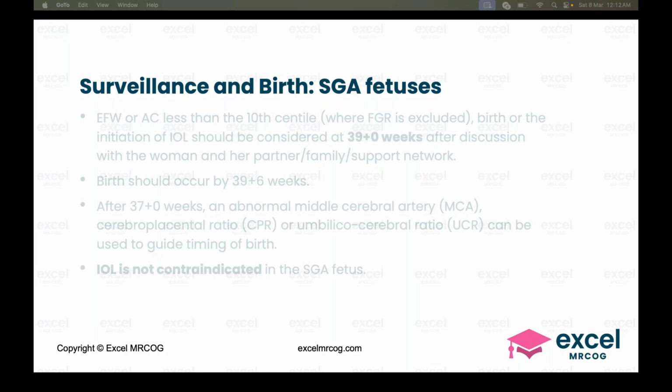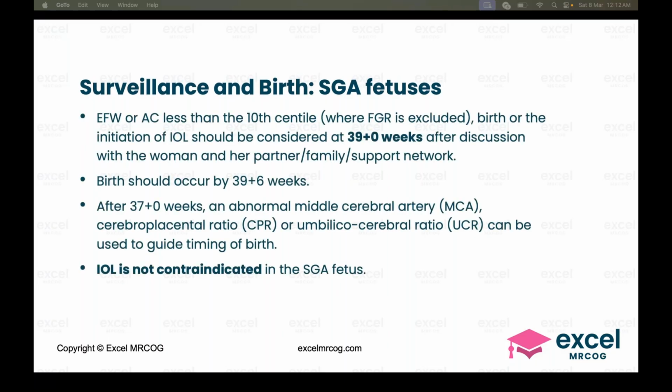Now, in EFW or AC less than 10th centile, where FGR is excluded, when do you deliver these babies? When FGR is excluded, that means there are no abnormal Dopplers, or the growth velocity is maintained. There is growth, but it is growing on the 10th centile.